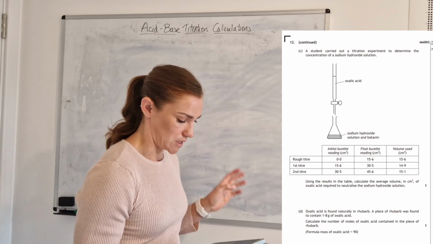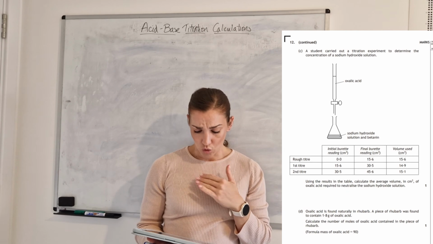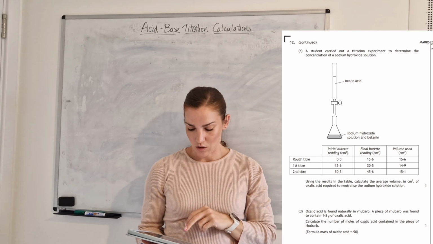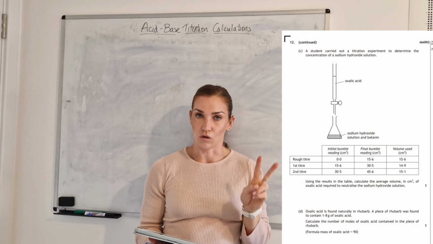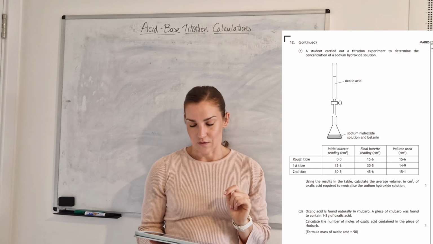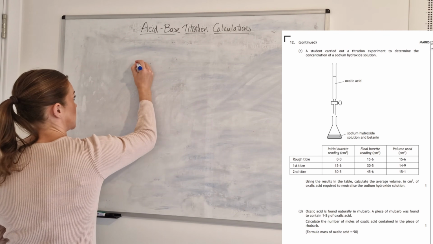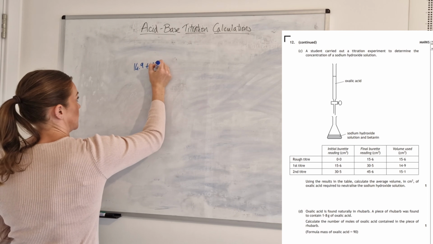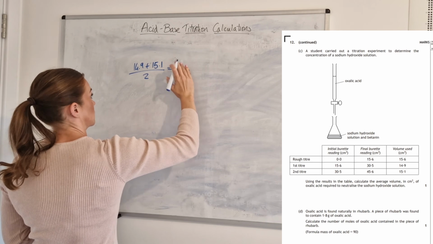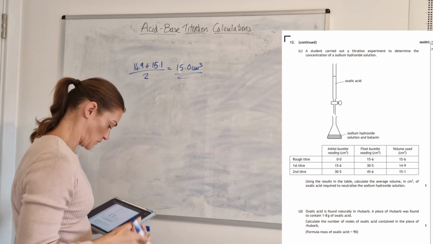So I've not written the results table up, but again you would score through the rough titre row in this case, score through the initial and final burette reading columns, and then you should see that the only 2 concordant results you're left with for the volume used are 14.9 and 15.1. So you would add those together, 14.9 plus 15.1, divide by 2, and then that would give you an average volume of 15.0 centimetres cubed.